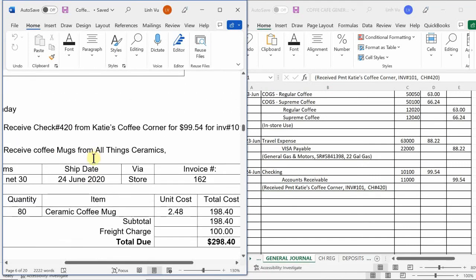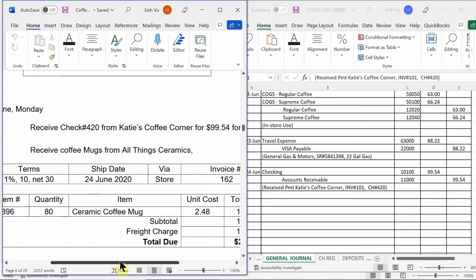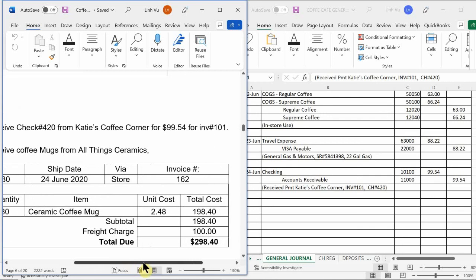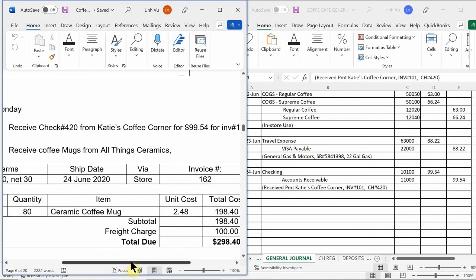Okay, let's see what happened next. We received our coffee mugs from All Things Ceramics, invoice number 162. We purchased 80 ceramic coffee mugs. Our bill came out to a total of $298.40.